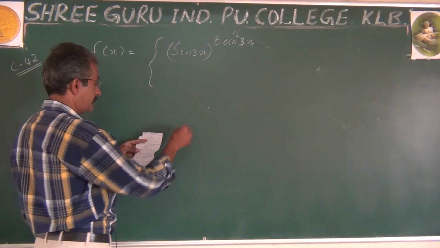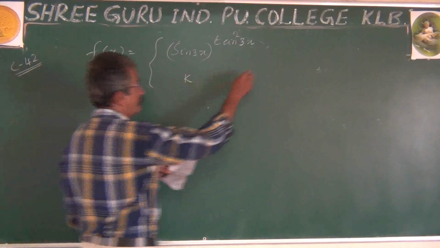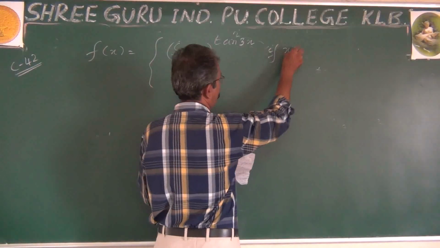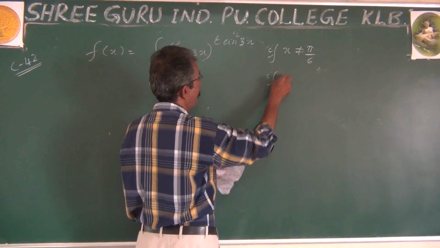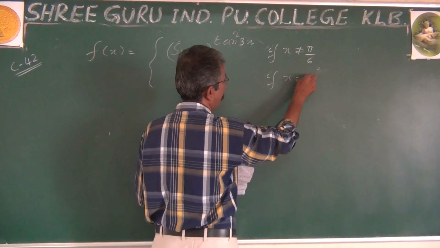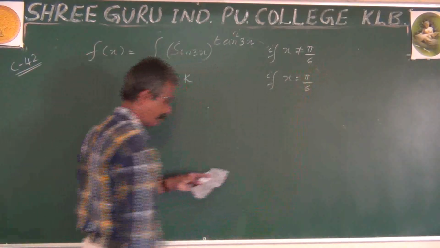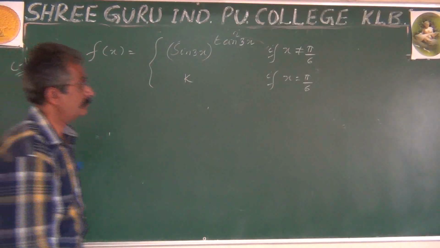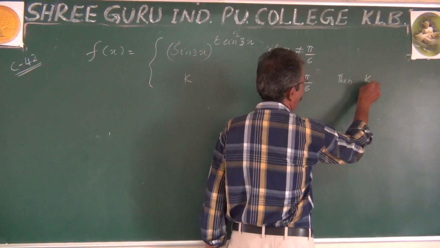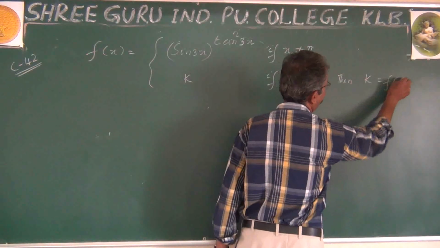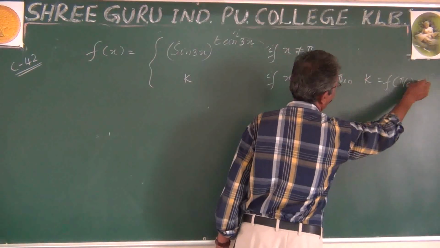Second one, k. First one, if x not equal to pi by 6. Later one, if x equal to pi by 6, is continuous. Then k equal to, as good as, f of pi by 6. That's the meaning.